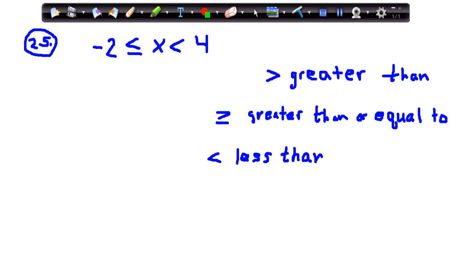So we have less than, and then the last symbol, for time's sake, less than or equal to. And you can see this in your book.